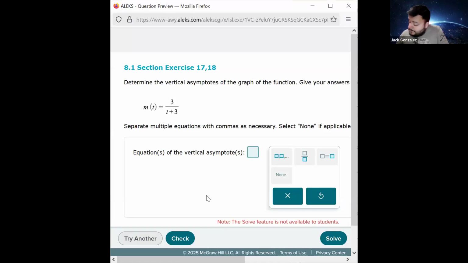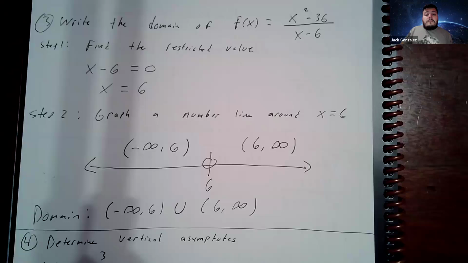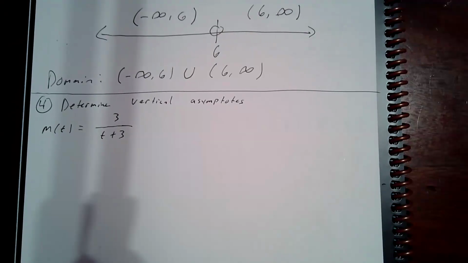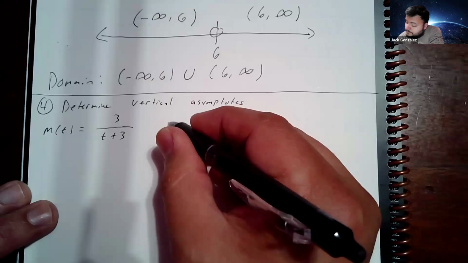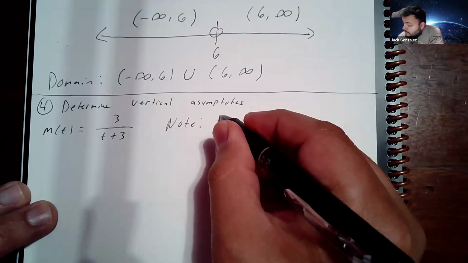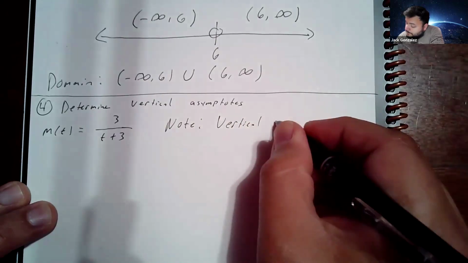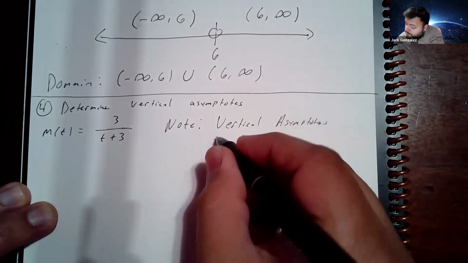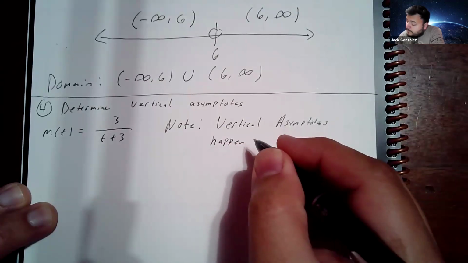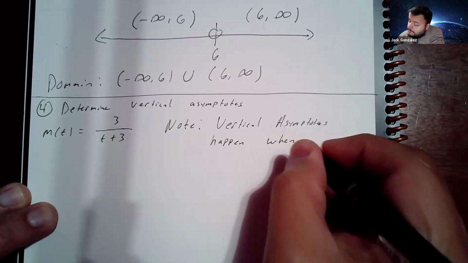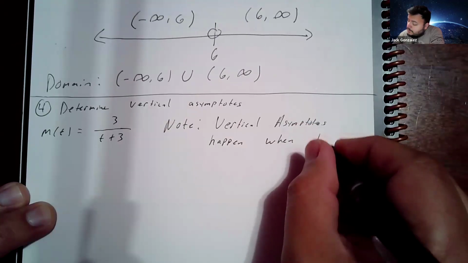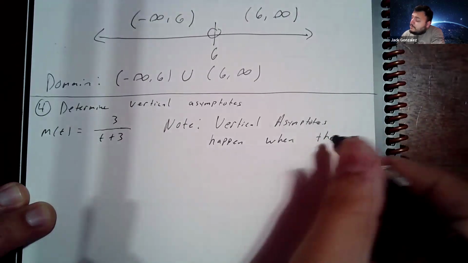Let me switch over. Okay. So just a quick note. The vertical asymptotes happen when the denominator, let me put this better.